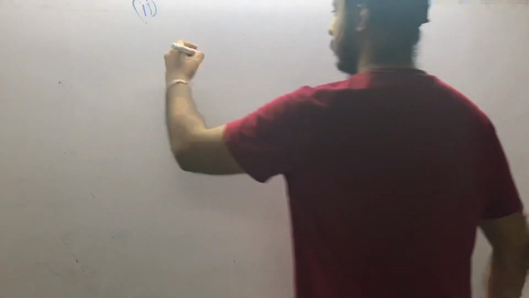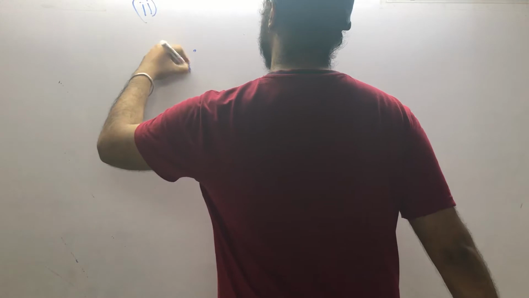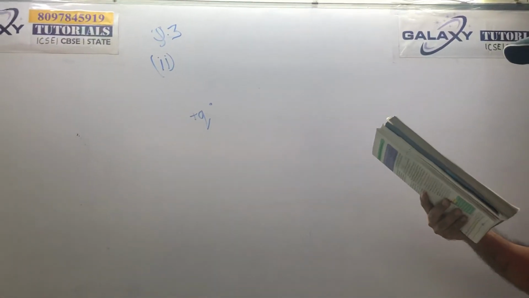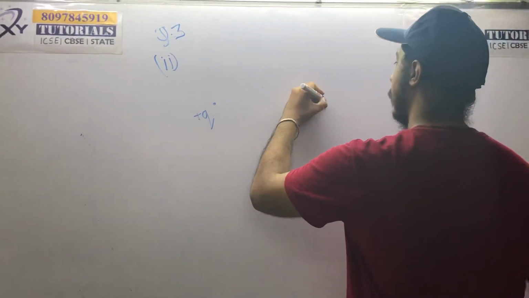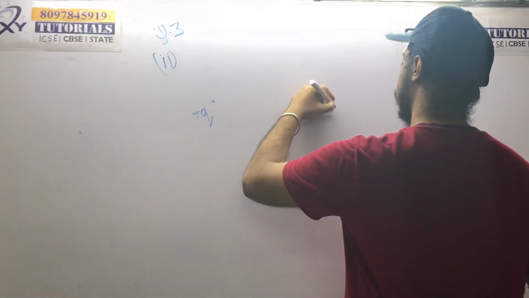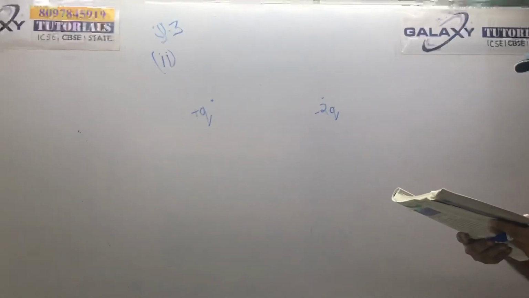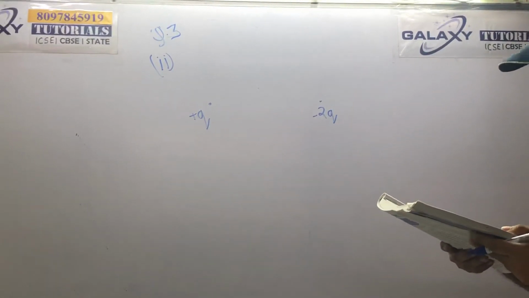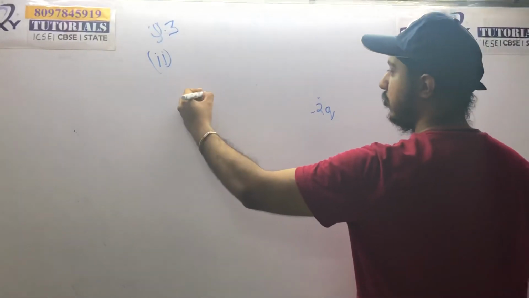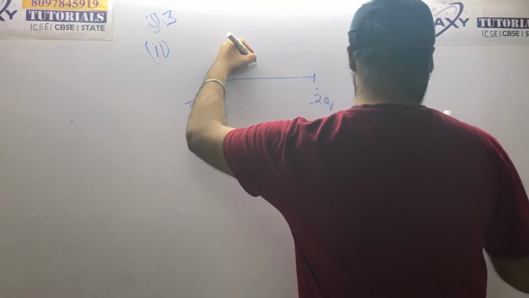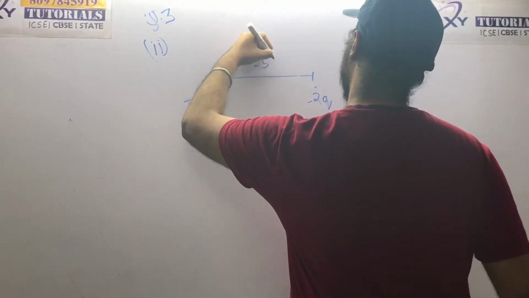Okay, so in the question what is given to us is that there is a charge of plus q here, and there is a charge of minus 2q here. And what is given to us is that the distance between these two charges is how much? 25 centimeter.